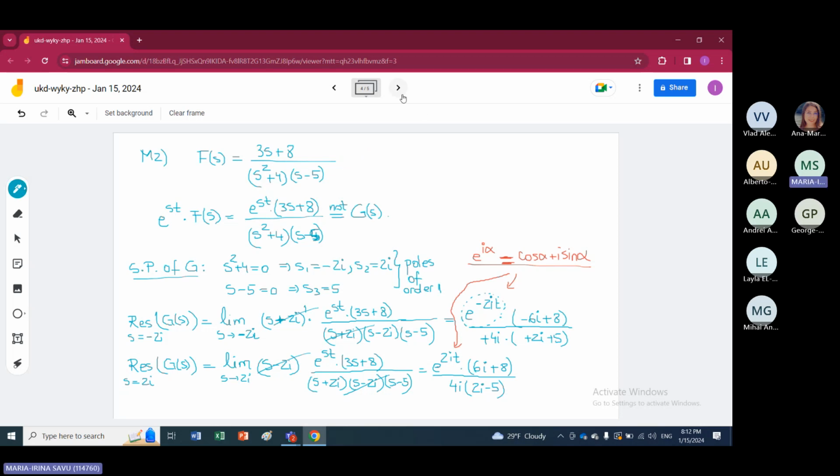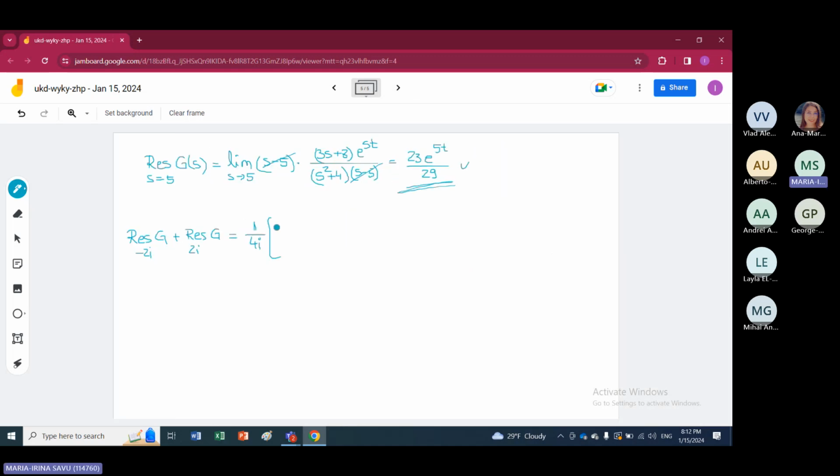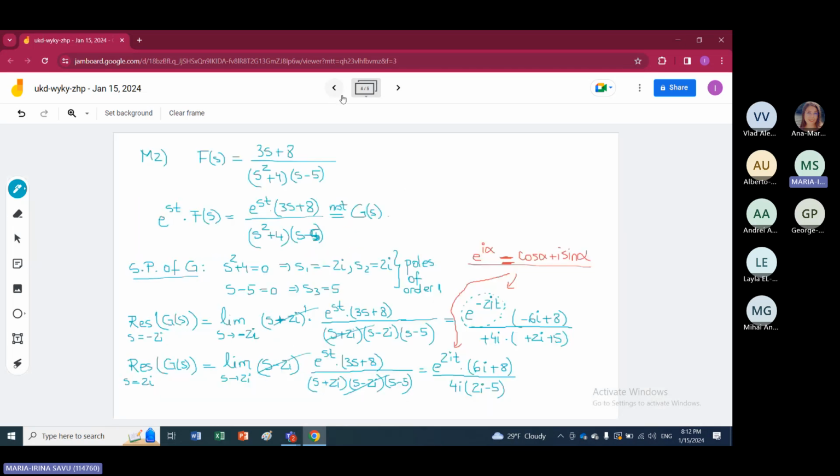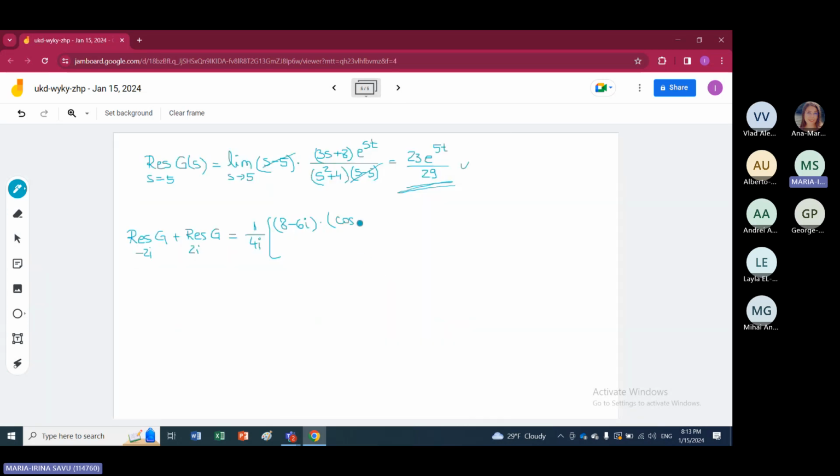And let's see. You have 8 minus 6i times cosine with alpha in the first case. Alpha is here. Alpha is, well, what is multiplied by i? Just minus 2t without i.